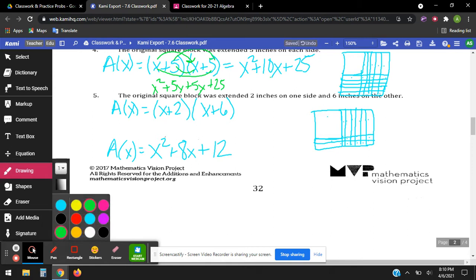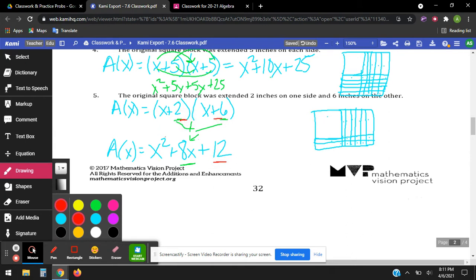Now let's see if we can figure out some connection between this number here and these two. Well, 2 plus 6 gets me 8. Well, what do I do with 2 and 6 to get 12? Well, 2 times 6 equals 12.